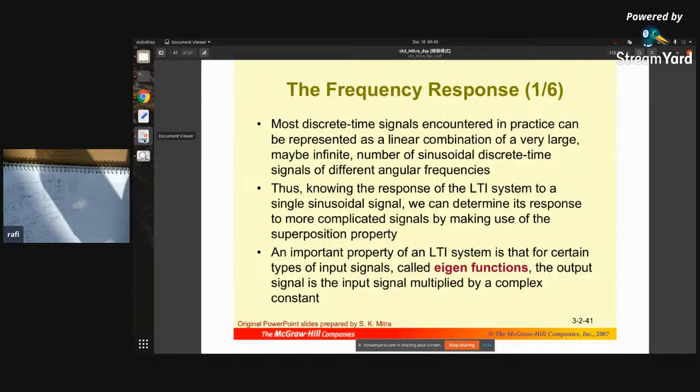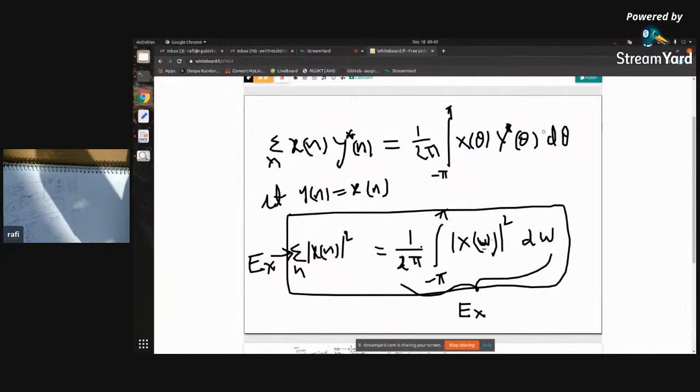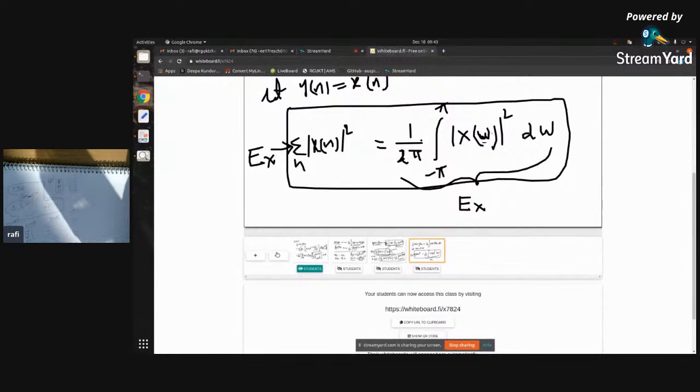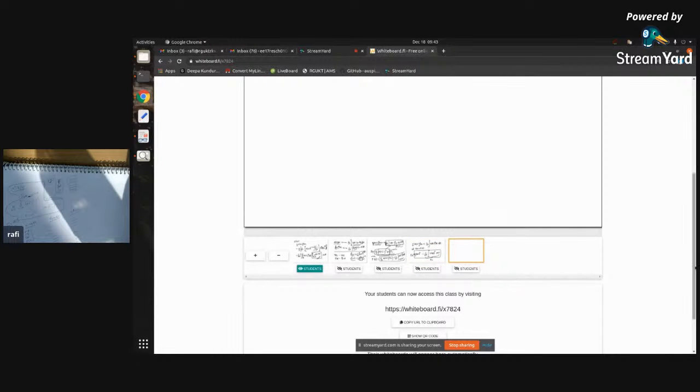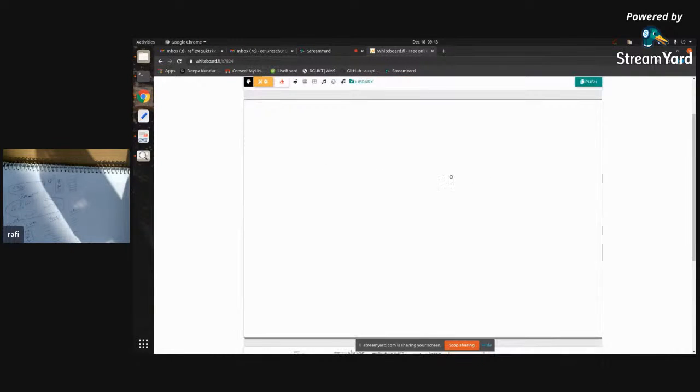For this I would like to use this board. So you have a system like this, and x of n is the input.